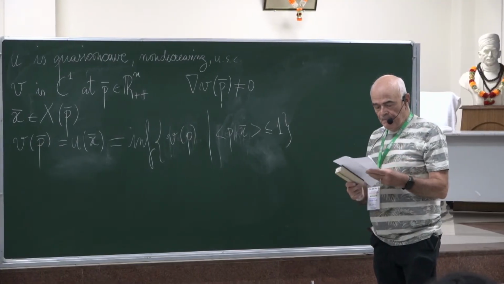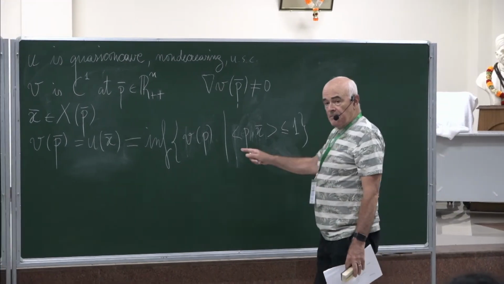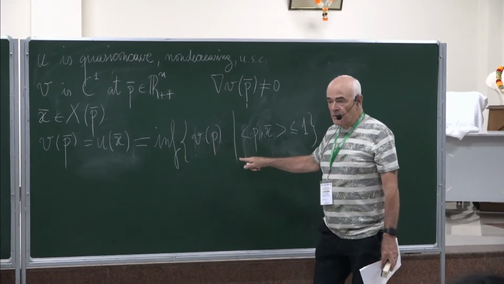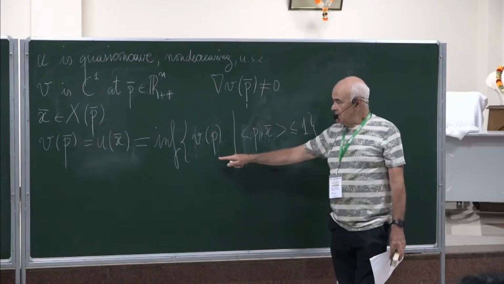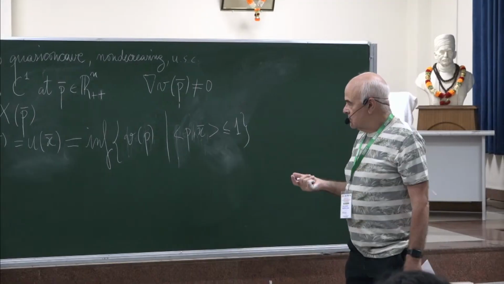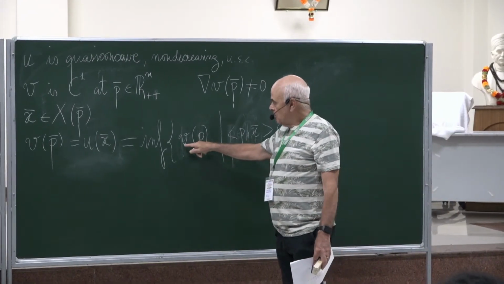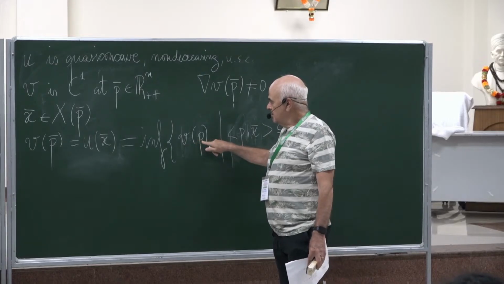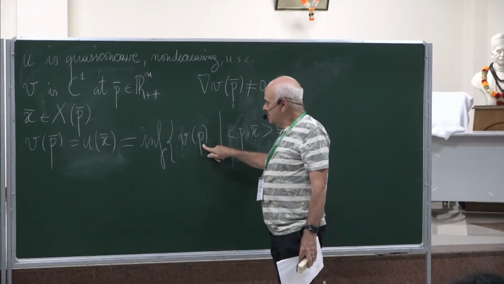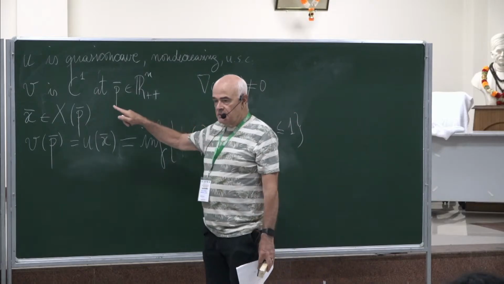Now, let us apply the KKT theorem, classical with differentiable functions, to this minimization problem. We can, because we are assuming that V is differentiable at this particular point.